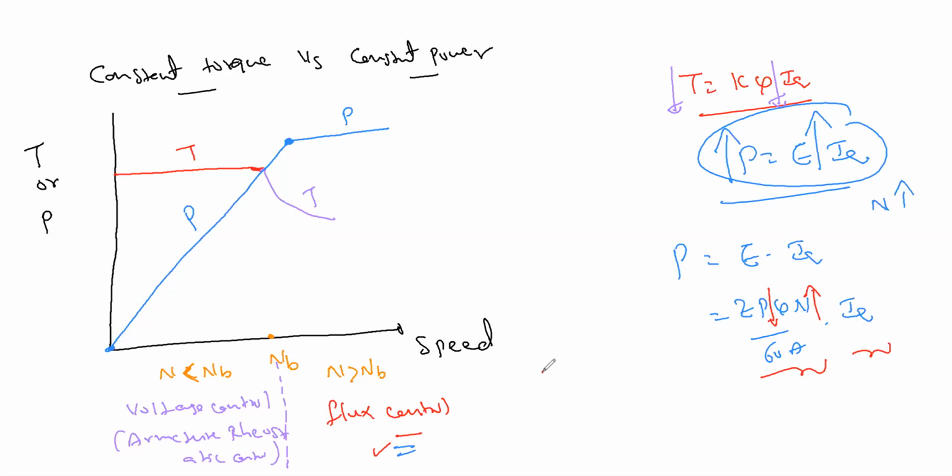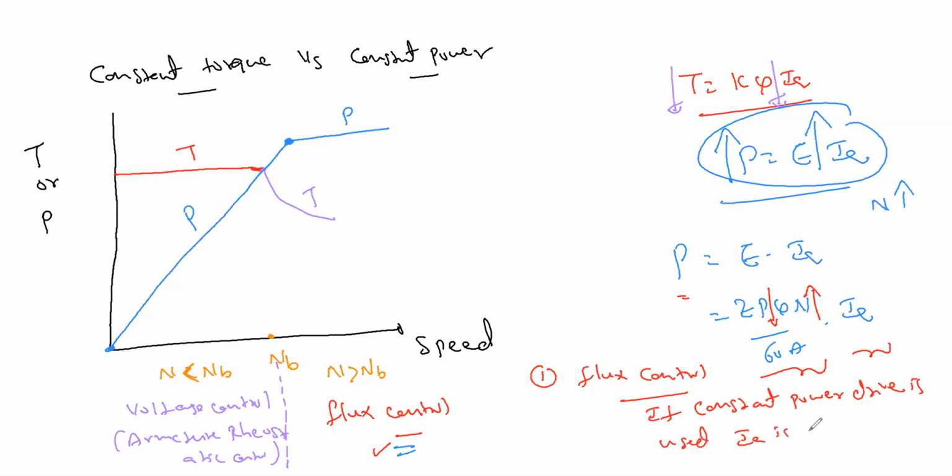So what are the conclusions here? In the flux control method, if a constant power drive is used, IA is constant, armature current is constant. That is one point.